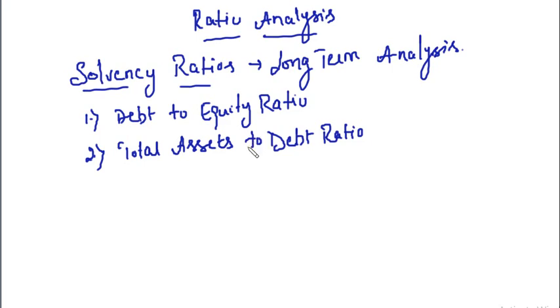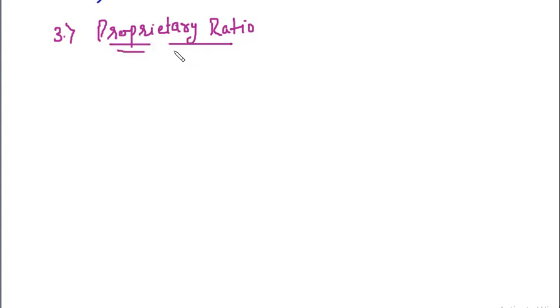Now, in this lecture, we will talk about the third kind of ratio under the solvency ratios only, that is the proprietary ratio. Now, the first and foremost thing: what are the two financial factors in the proprietary ratio about which we are going to study the relationship?